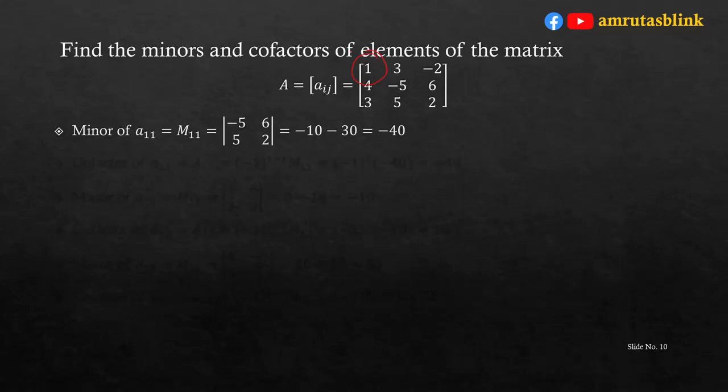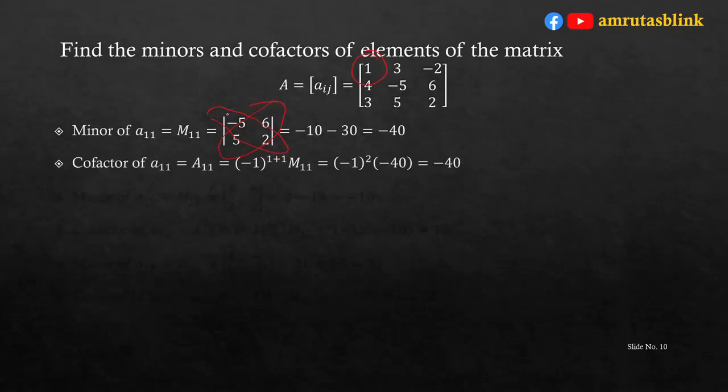Hence, the minor of A11, that is M11, is equal to determinant minus 5, 6, 5, 2. Now, minus 5 into 2 is minus 10 and 6 into 5 is 30. So, minus 10 minus 30 is equal to minus 40.